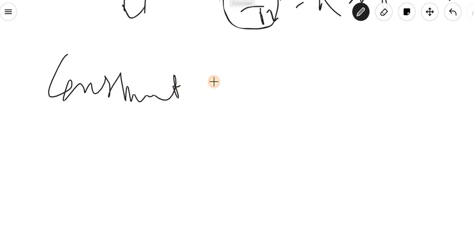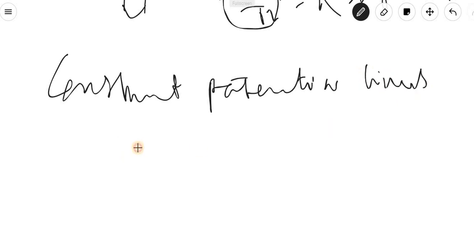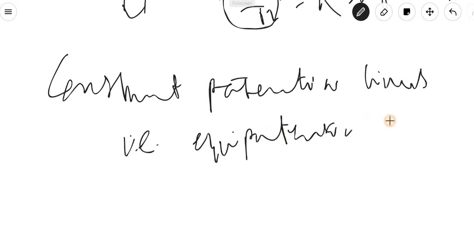If this happens, then we will be getting a constant potential line, that means equipotential lines. Clear?